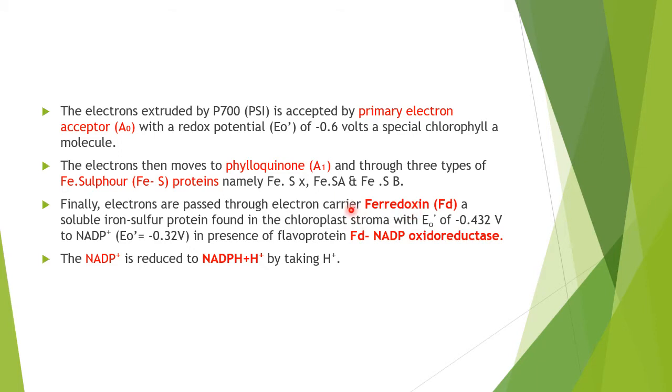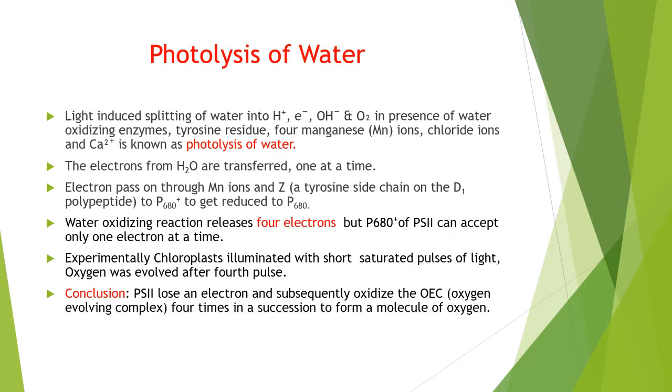And from that, in the presence of a flavoprotein, ferredoxin NADP oxidoreductase, that causes the reduction of NADP to NADPH plus H positive, which of course takes in protons from the stroma portion also. It is the overall flow of the electrons in non-cyclic photophosphorylation.